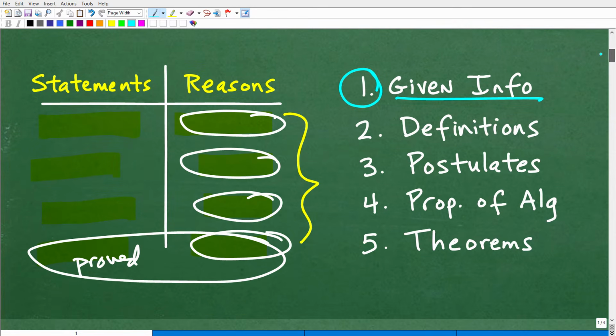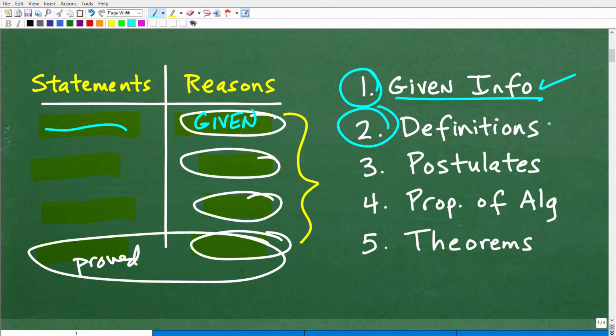Your first statement is typically almost always going to repeat that given information, but oftentimes you can use it in other statements throughout the proof if you need to. So that's one allowable justification, or reason, that you can back a statement up with.